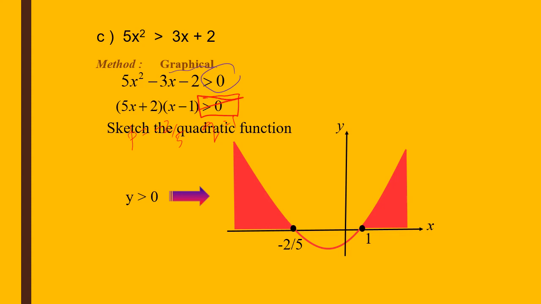More than 0 means that y is more than 0, so it should be above the x-axis. So the answer is less than negative 2/5, more than 1. So give your answer in solution set form, where x is such that x is less than negative 2/5 or x is more than 1. Okay, that's all for lecture 2. So please try question numbers 6 to 10.